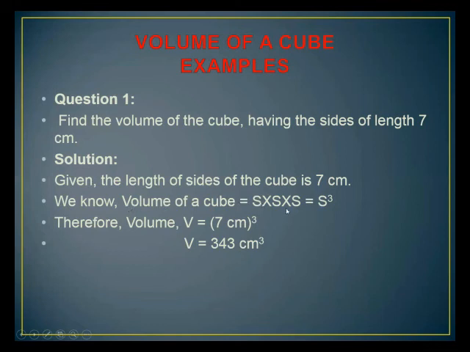We multiply length by breadth by height. So we multiply 7 by itself 3 times. Why do we multiply it 3 times? Because it is a requirement of the formula. It has a cube as the exponent. And that's why we multiply 7 3 times by itself. So we get 343 centimeter cube.